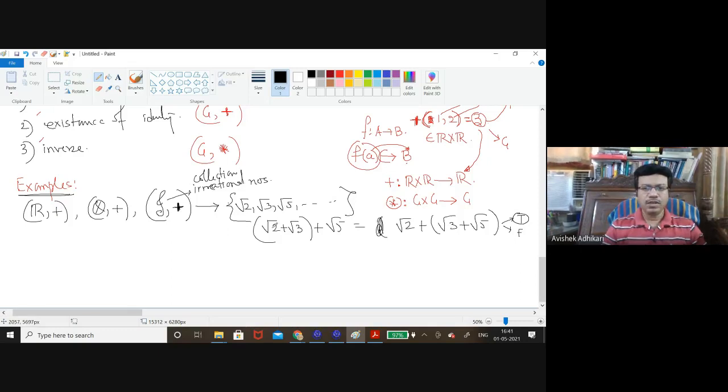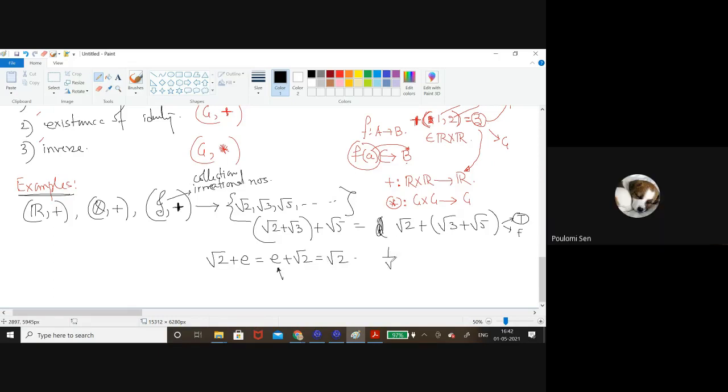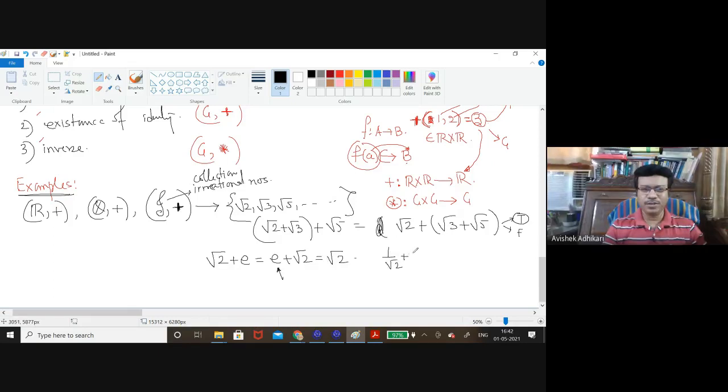Now the identity element. What do you think should be the identity element, so that root 2 plus e equals e plus root 2, and that should also return you root 2? What should be the value of e? It should be 0. But do you think that 0 is an irrational number?